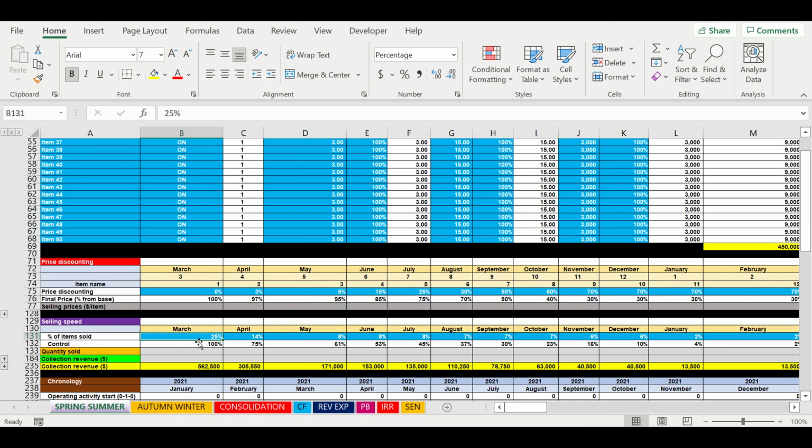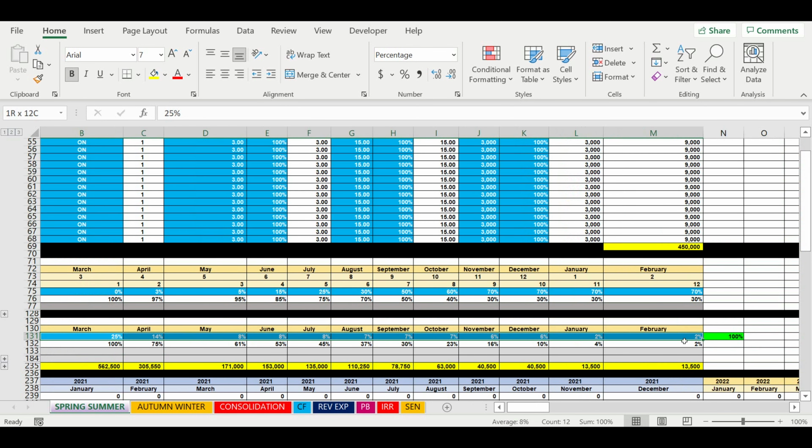Then we describe the quantity of items that we sell each month, and we assume, for example, that in the first month we sell 25% of all items in our collection. In the second month we sell, for example, 14% of what we have in quantity, and during this period we have to sell 100% of the collection.